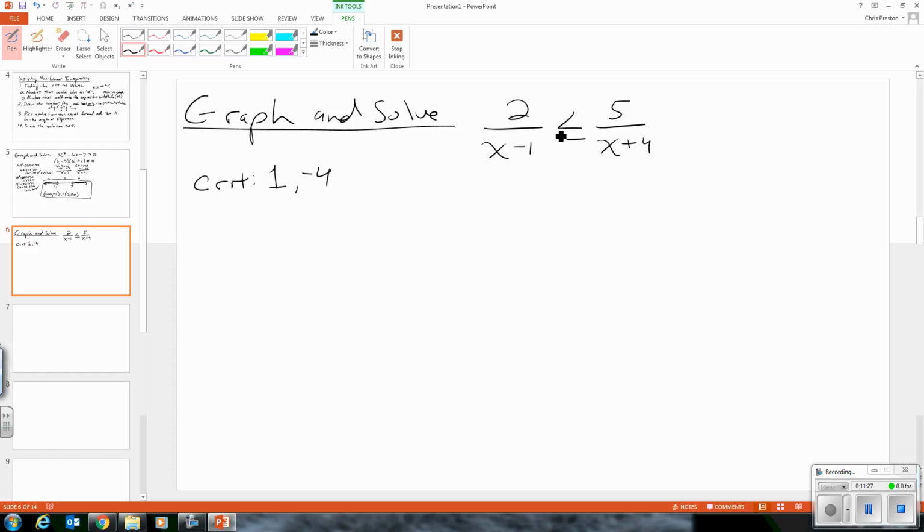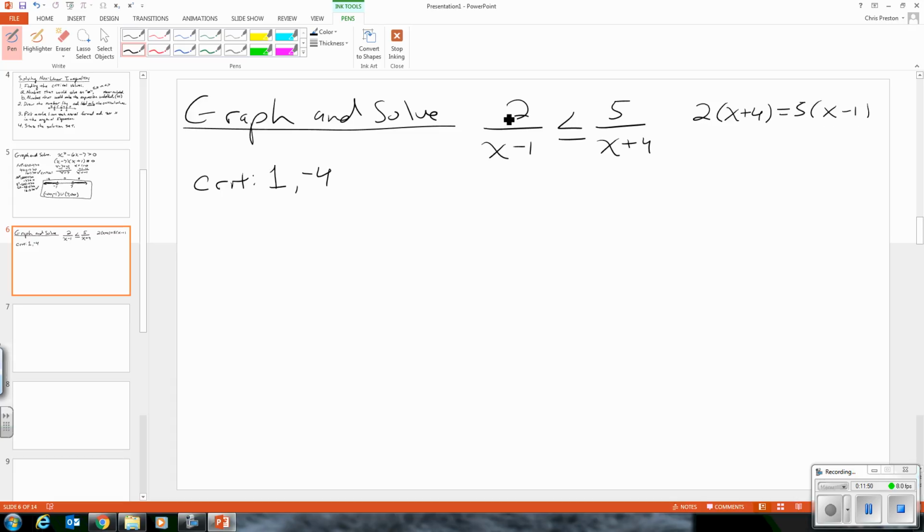The other one is, if this is an equal sign, how would I go about solving that? The way I would go about solving it is, probably, multiply both sides by the least common denominator, or since you have a fraction equals a fraction, a lot of times it's easier to think of this as cross products. 2 times x plus 4 equals 5 times x minus 1.